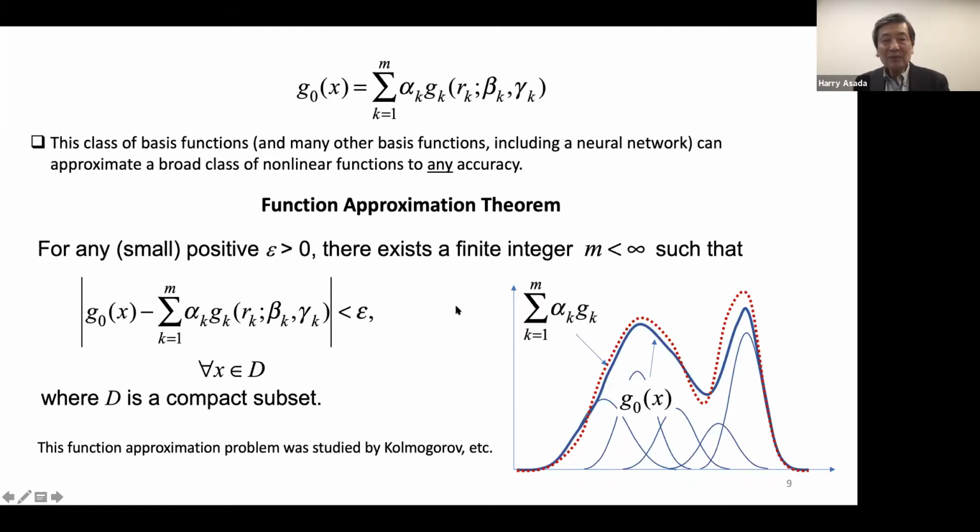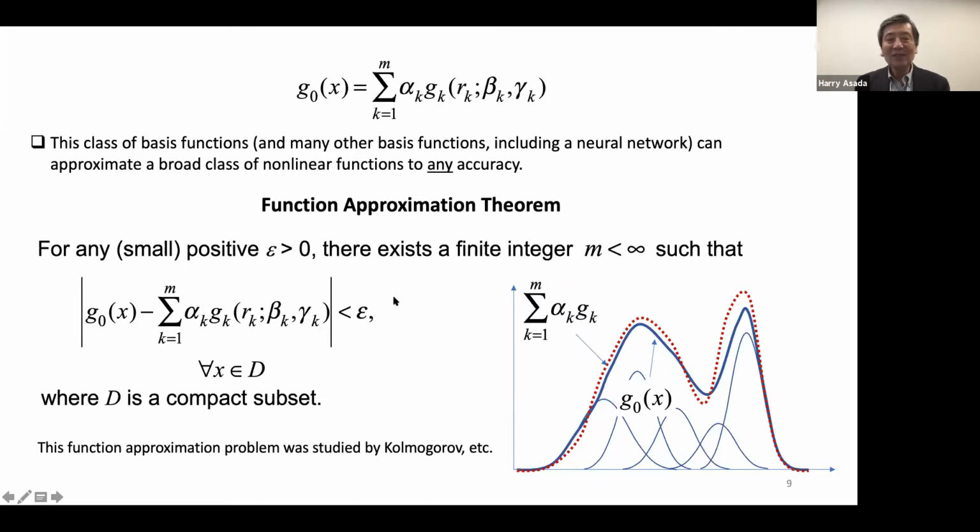Although this theory encourages us to use this, it doesn't say where you place these building block basis functions. If you use radial basis functions with Gaussian bell functions, they come with particular parameters, beta and gamma, the center point and the dilation parameter.